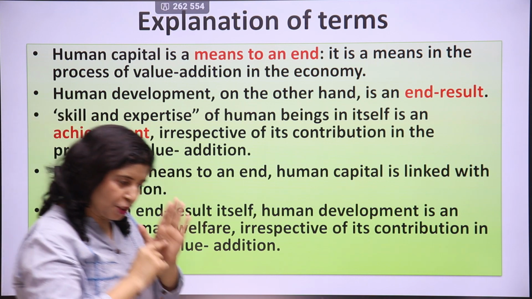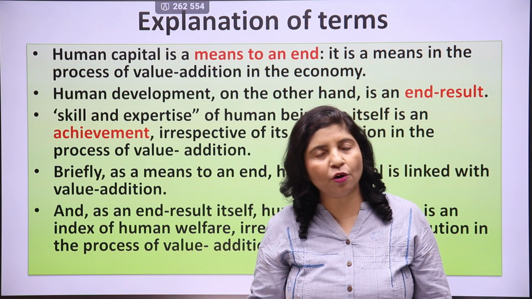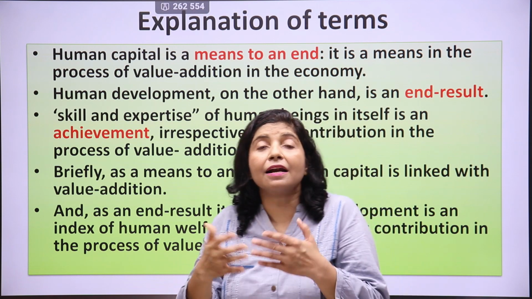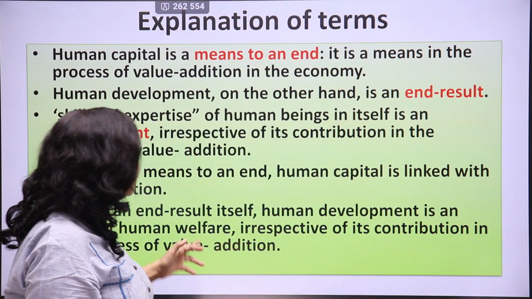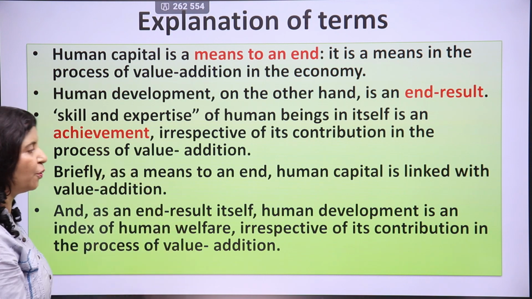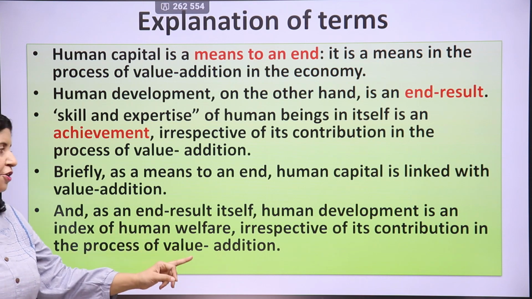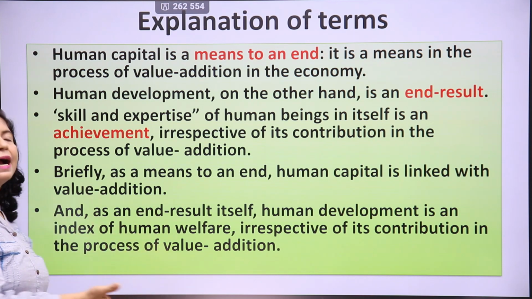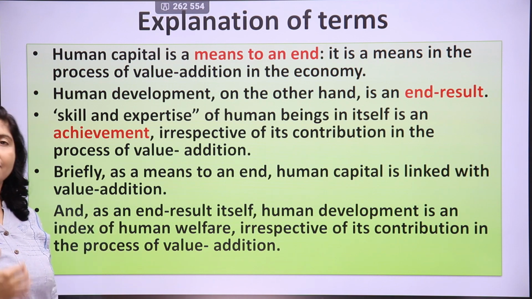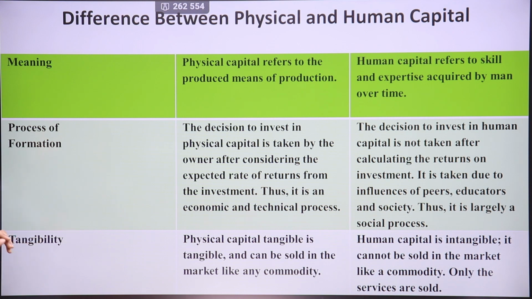Because when people get educated, experienced, they get better jobs, they earn a better livelihood, they earn better money and can lead a better life and give a better life to their family also. That means they have developed and now their welfare has been ensured. Then, irrespective of its contribution in the process of value addition. See, they may add any value or not, but when they get educated, when they get developed, that is their human welfare.